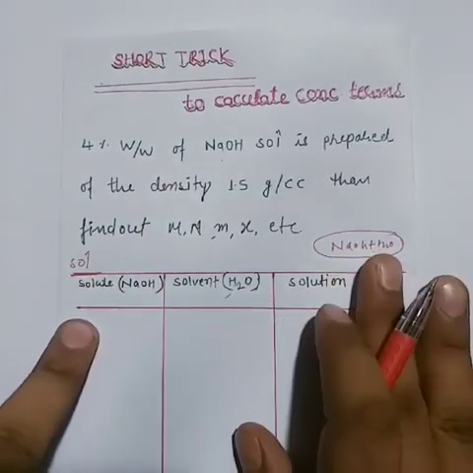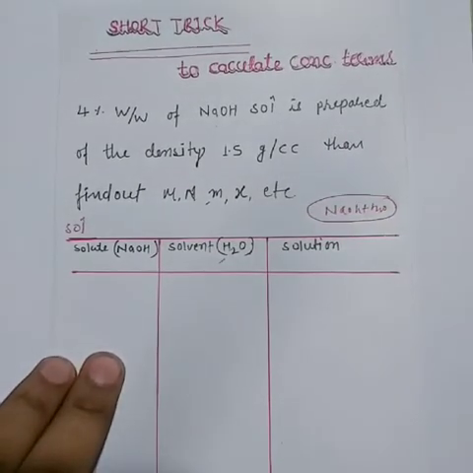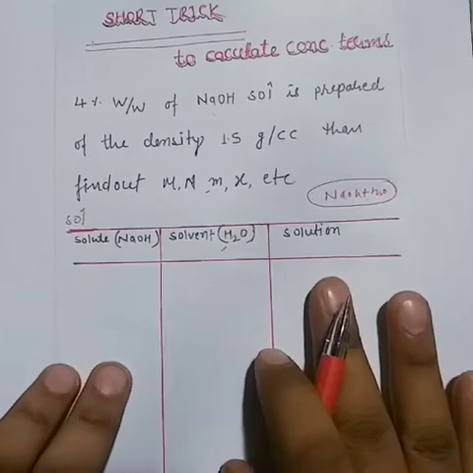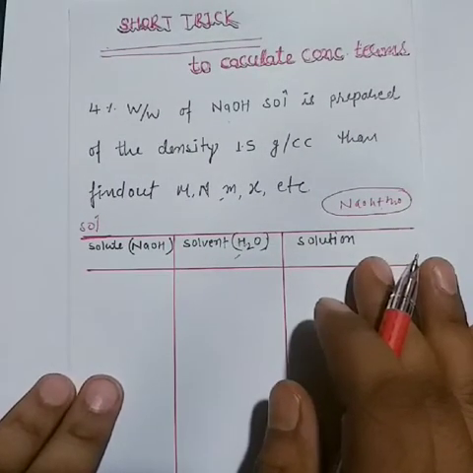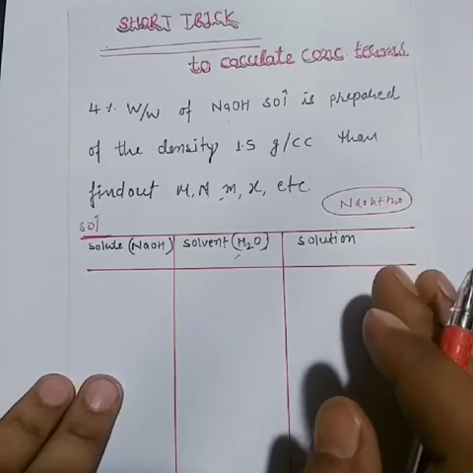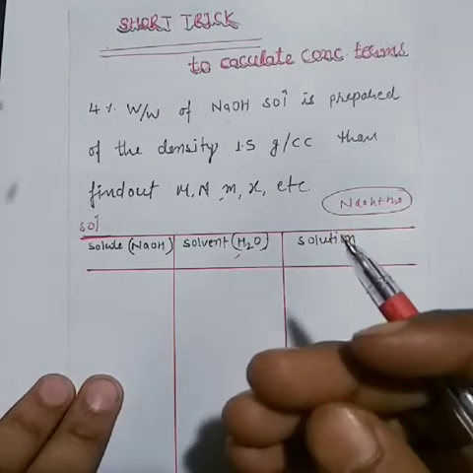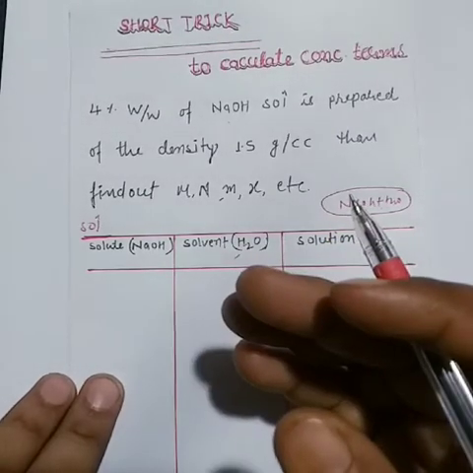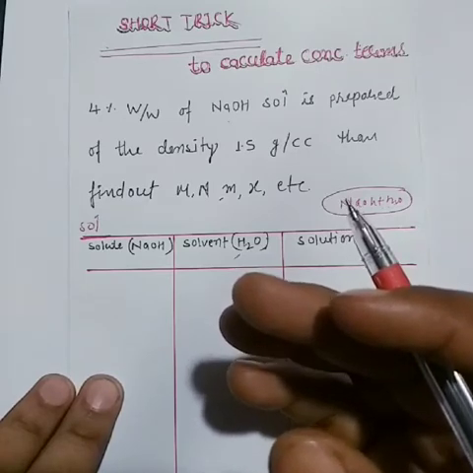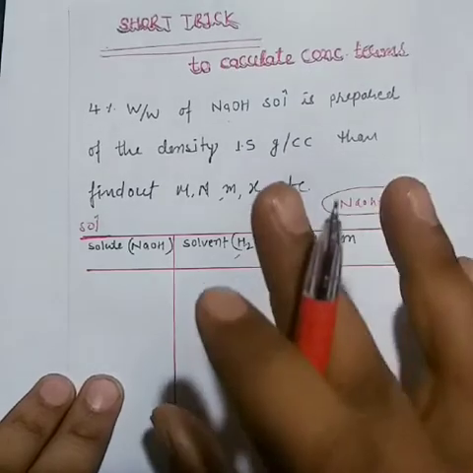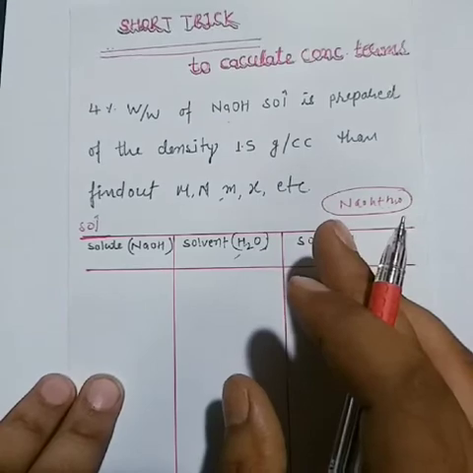So I can already draw the table. You can also make the table and write it first here. Just think about that, my dear friends: what is needed to calculate concentration terms? All kinds of concentration terms depend on the solute and volume, except molality, which depends on the mass in kg.